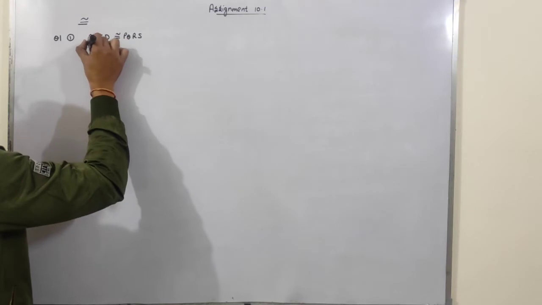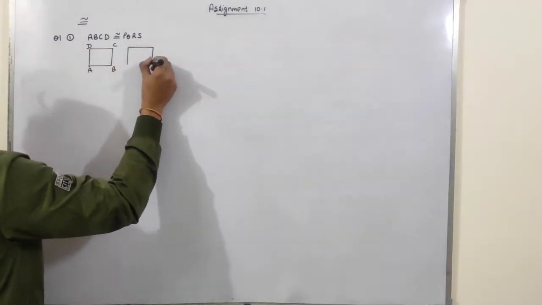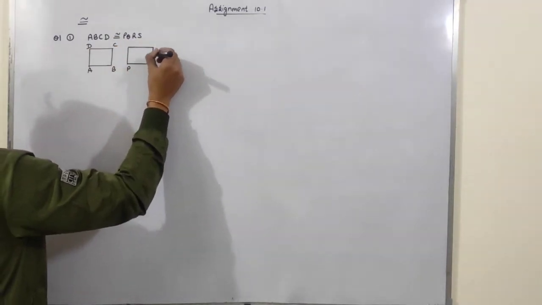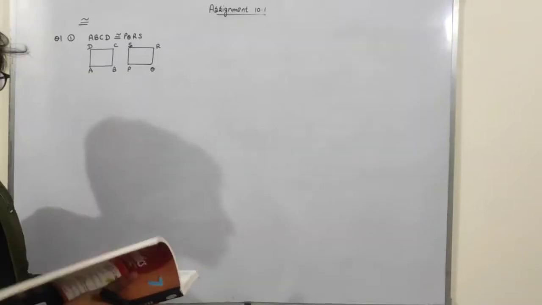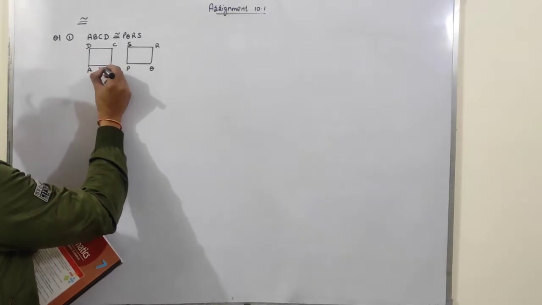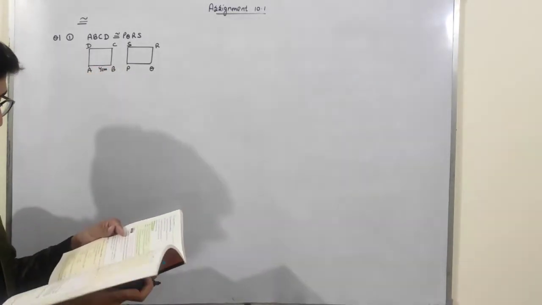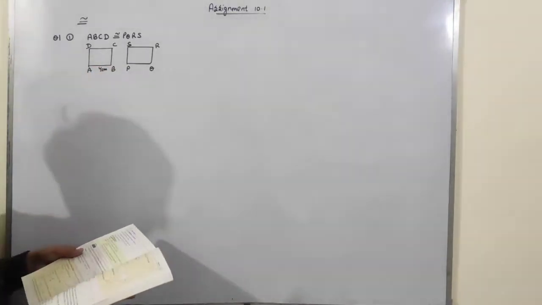If AB is 4 centimeter, then we have to find out the length of PQ.